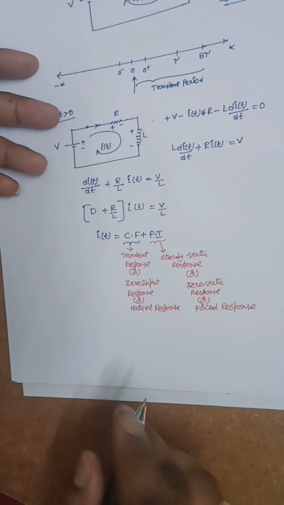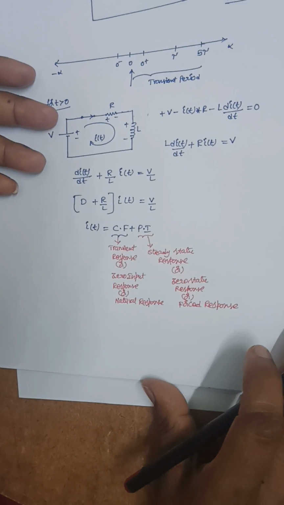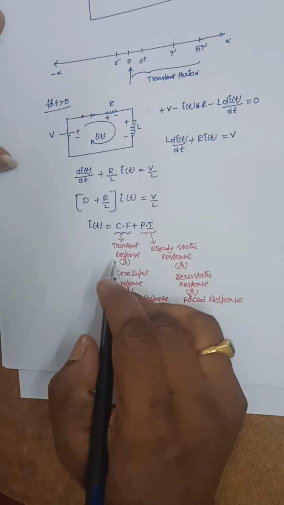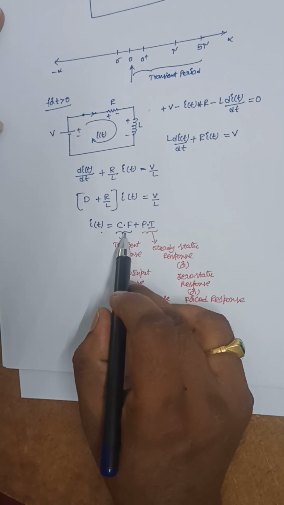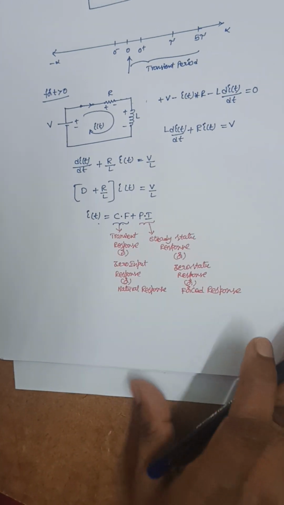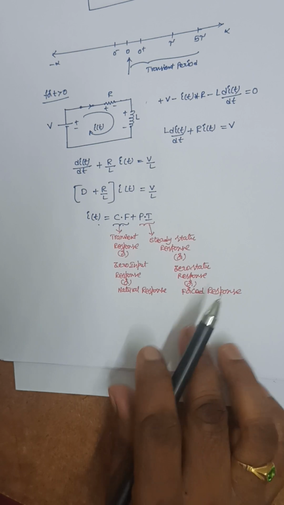Okay, these are the different names for the steady state response and transient response. So what I want to explain here is this solution consists of complementary function and particular integral. Complementary function is normally represented as transient response, and this particular integral is steady state response.